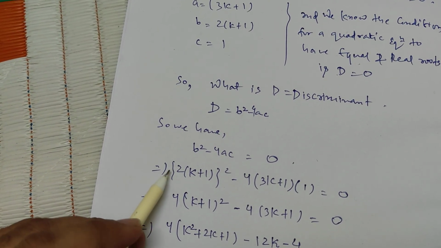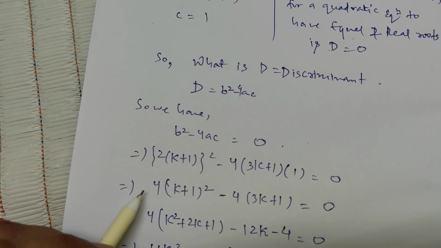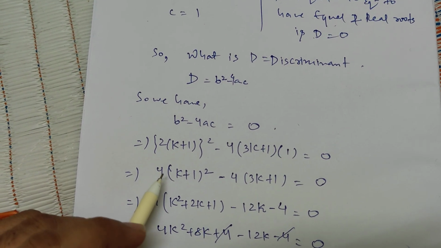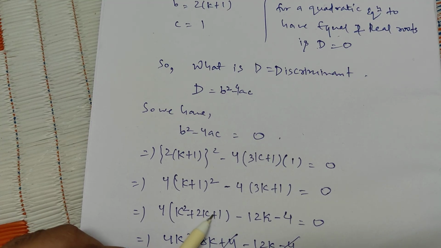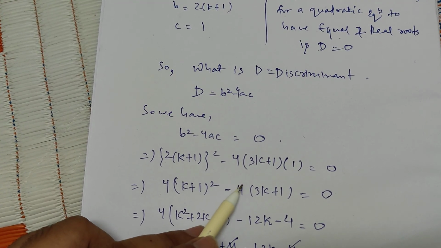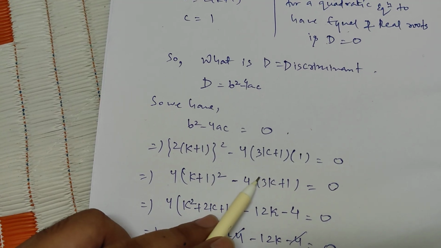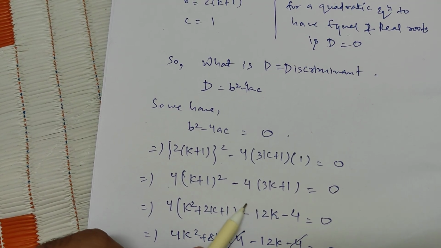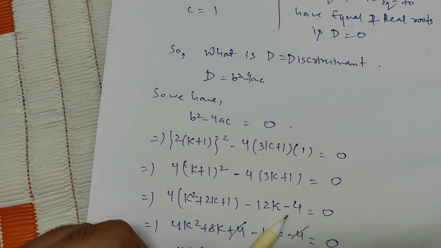On applying the formula for (a plus b) whole square, we have 4 times (k square plus 2k plus 1), and simplify by multiplying. So minus 4 times 3k is minus 12k, and minus times plus, that is, 4 ones are 4.